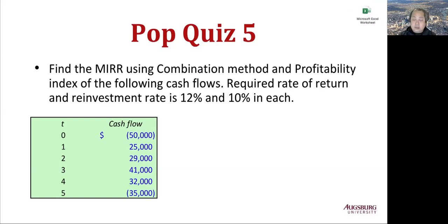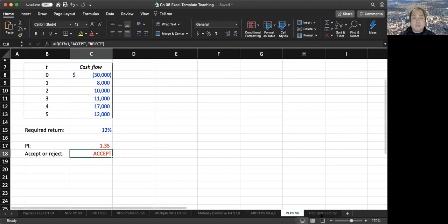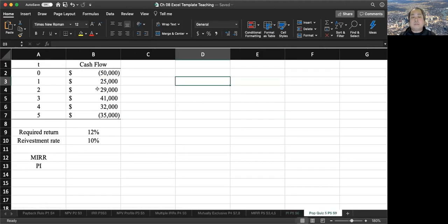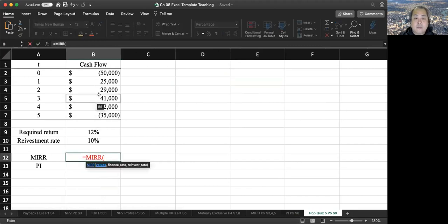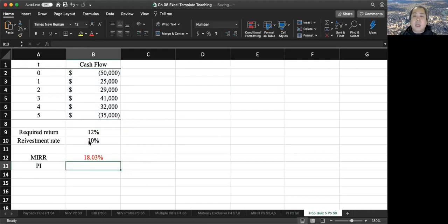Let's use Excel. So double click the Excel icon. And for MIRR, just use the function MIRR, the values, second, the required return, and third, the reinvestment rate, 18.03%.